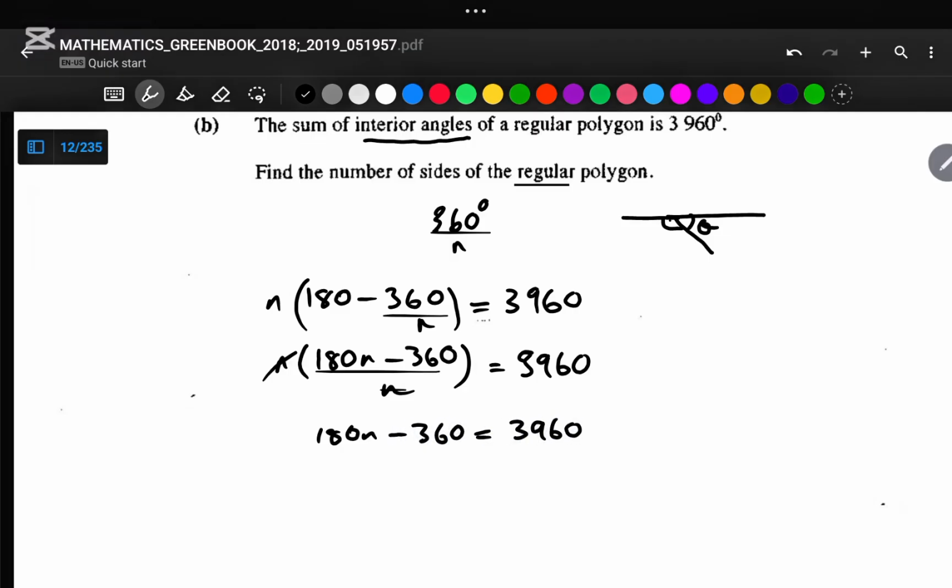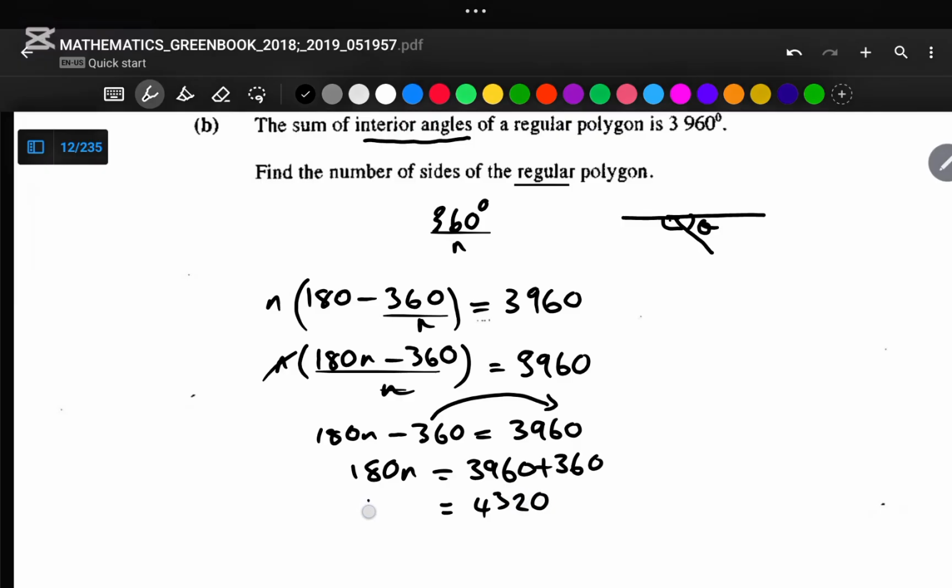So we can shift this 360 to this side of the equation, and it becomes positive. So we are now left with 180n being equal to 3960 plus 360, like this. So if we add this, we get 4320.